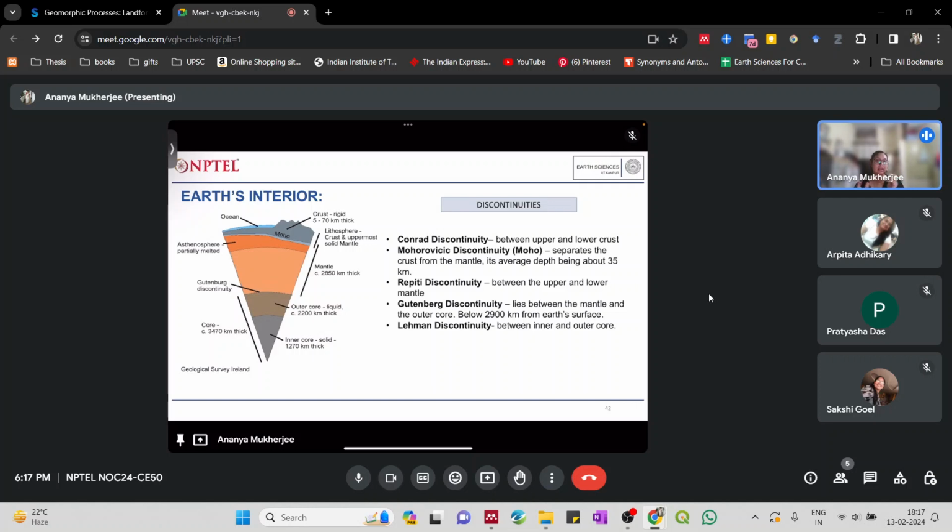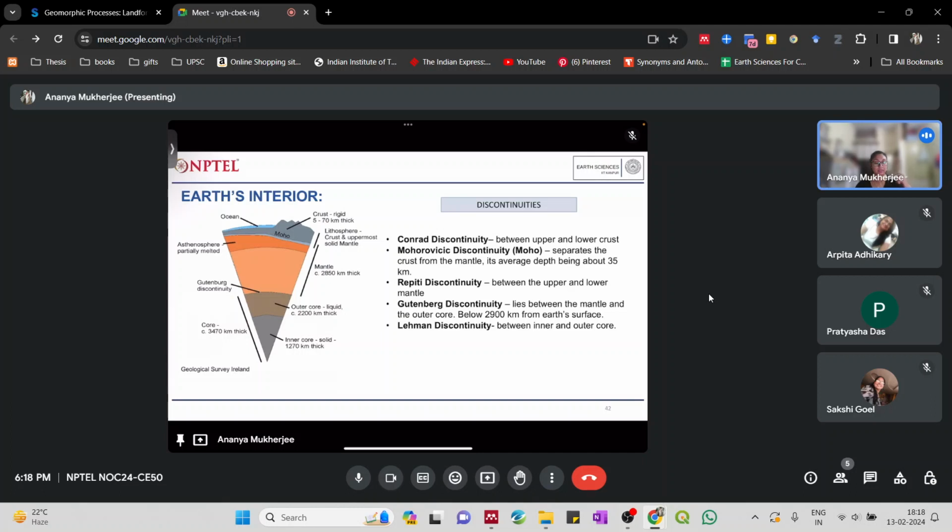Okay, so this is an average seen across oceanic as well as continental regions. So the Moho discontinuity is an important one because it is the first discontinuity that divides the first two layers of the Earth's interior.